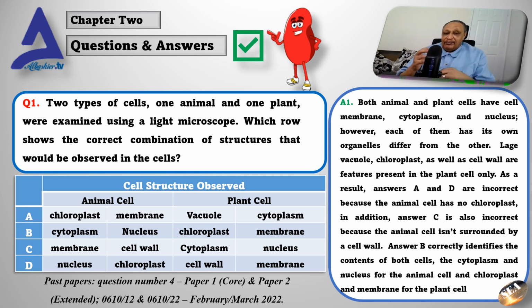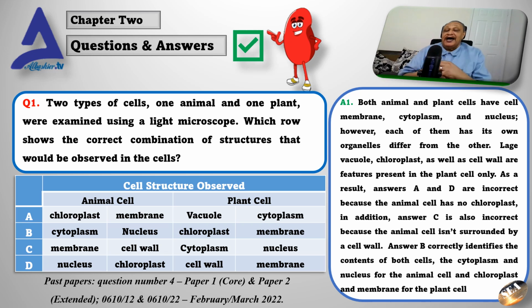In C, membrane and cell wall, cytoplasm and nucleus. And D is a combination: nucleus, chloroplast, cell wall, membrane. So by remembering the rule of 3 and 3, anything that is found only in plant cells, and you find it in the animal cell, you are going to reject this answer.